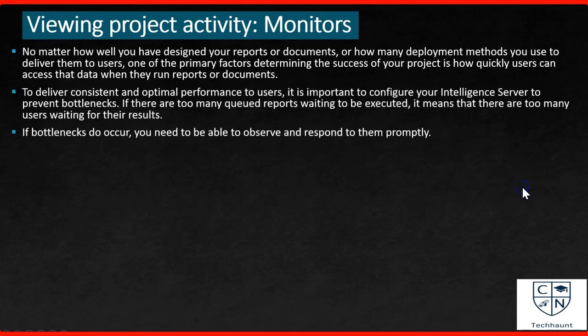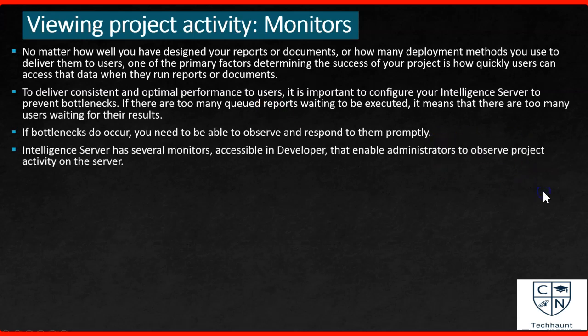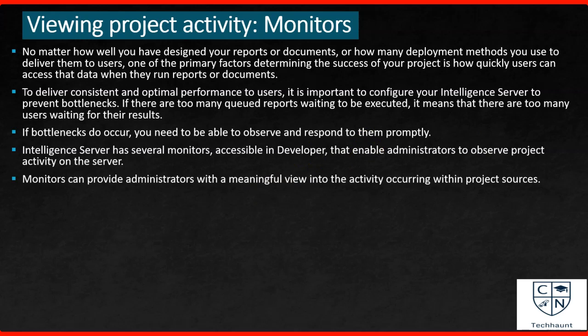So if a bottleneck does occur, you have to respond very promptly so that the end user doesn't get a delay in report execution. Intelligence Server has several monitors, and you can access those monitors in Developer as well. To deliver consistent and optimal performance to your end users, it is always a good idea to configure your Intelligence Server to prevent such bottlenecks.